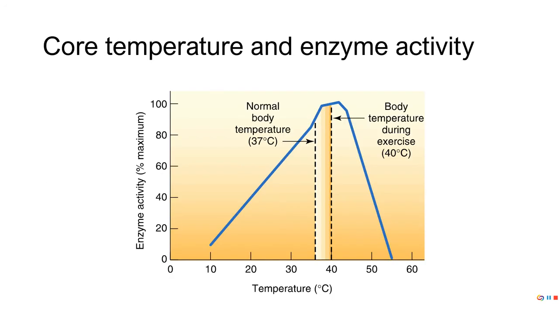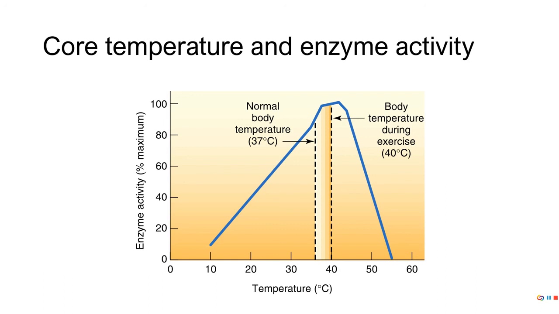Now, while enzymes are helpful, they can be affected by temperature and pH. If you look at this figure, you can see that we have temperature on the x-axis and then enzyme activity on the y-axis. And you can see that peak enzyme activity is around 40 degrees Celsius.